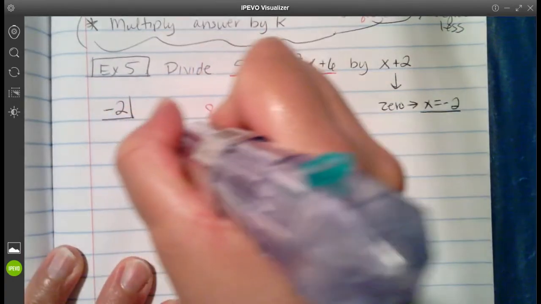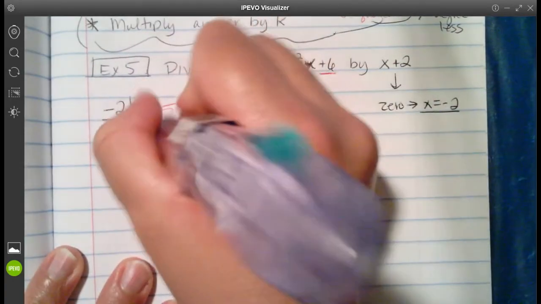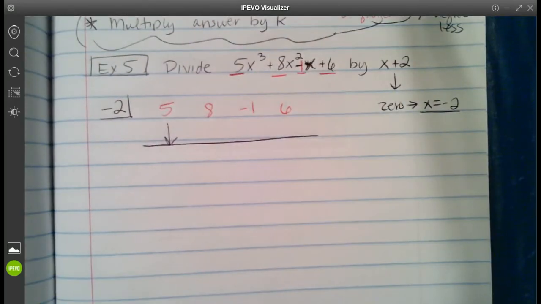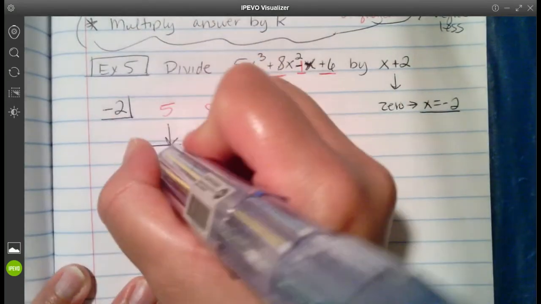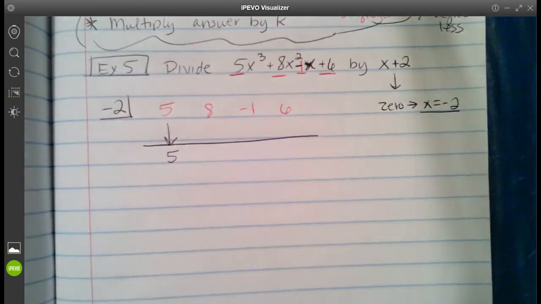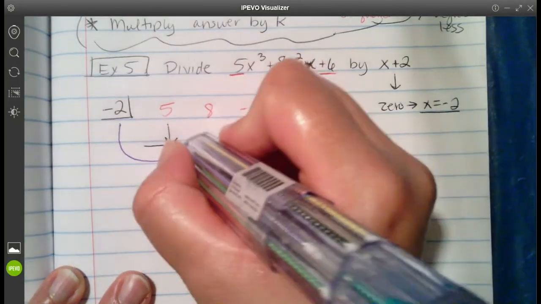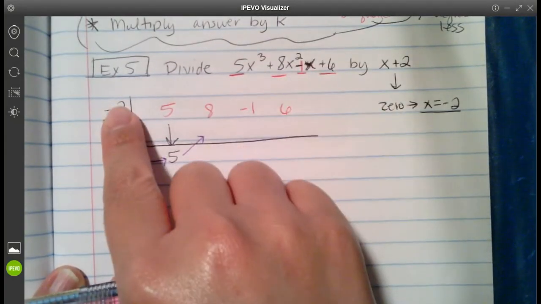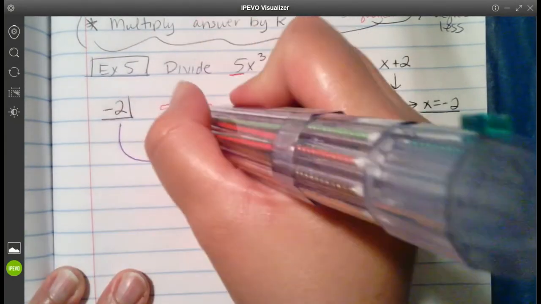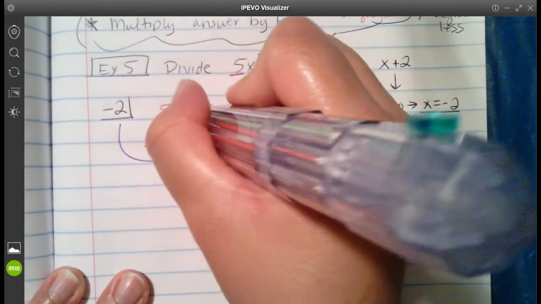So we put a line here, we drop down the first one, so bringing this down is just a 5. And then we bring our 0 value and multiply this here and bring it up. So negative 2 times 5 is negative 10.